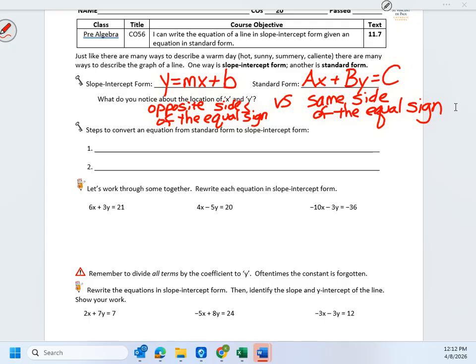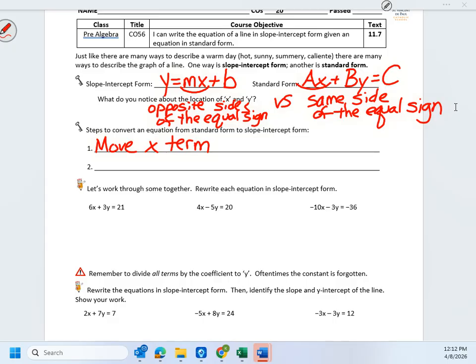So, steps to convert an equation from standard form to slope-intercept form. First step, we're going to move the x term. So when we say x term, it's those two pieces together. That's the term, that coefficient and the variable. Coefficient's the number, the variable is the letter, it's a term.